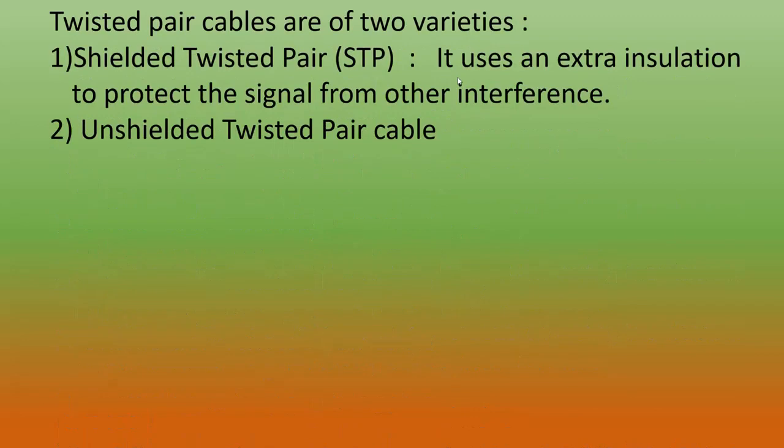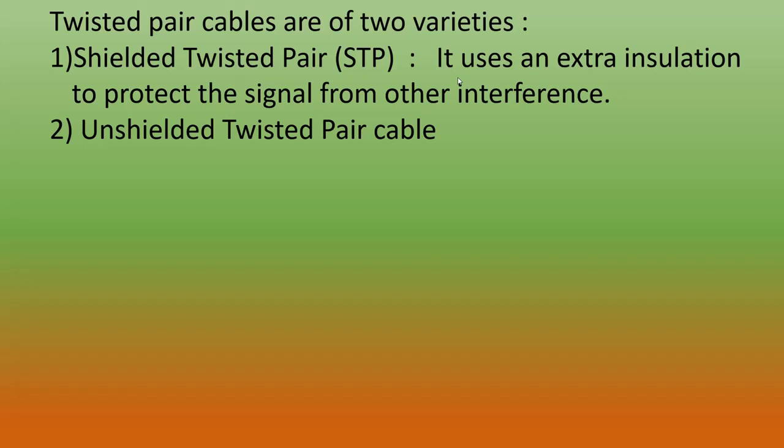There are two types of twisted pair cables. One is shielded twisted pair and another one is unshielded twisted pair. In shielded twisted pair, there is an extra insulation to protect the signals from other interference.